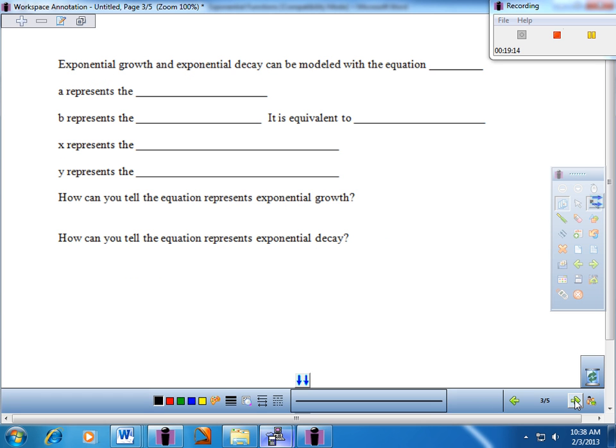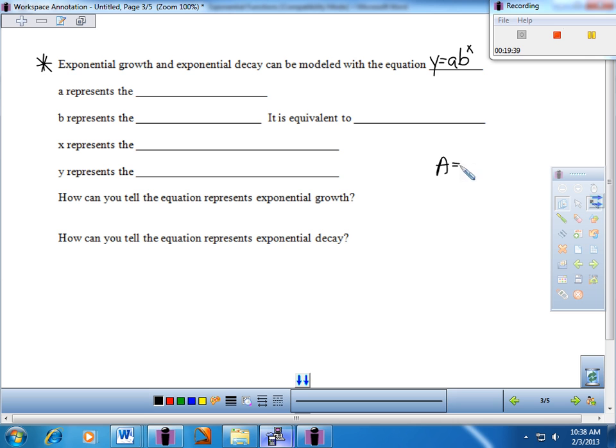And yeah, here we go. Big asterisk. This is your unit in a nutshell. So exponential growth and exponential decay can be modeled with the equation, and you saw this in Algebra 2. There's your y equals a times b to the x. Okay, now don't write this on your paper, just kind of thinking out loud.